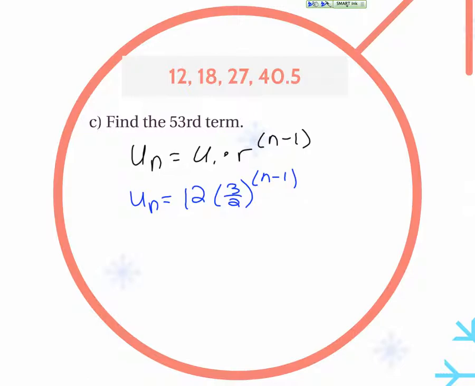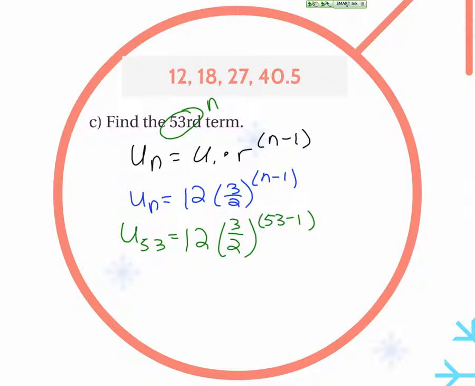Or if you've already written the general term, you can go ahead and plug it in there. So keep in mind, 53rd term means that 53 goes in the n spot. So u of 53 equals 12 times 3/2 to the 53 minus 1 power.